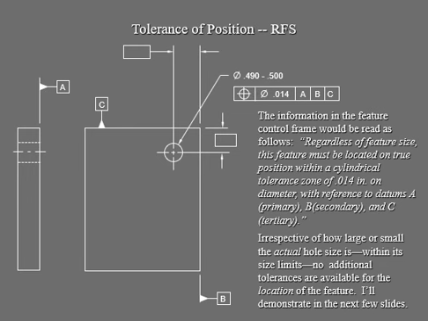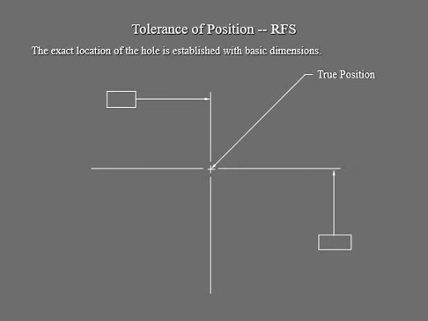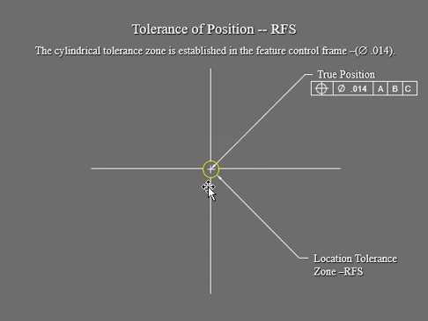Okay, so let's take a look at it. Now we're going to come with the same thing, true position. We're going to identify that width by using two planes. We have a 2 basic dimension here and here. Don't worry about the value. Now we're going to box it with a little yellow circle, which we call the location tolerance zone, which is your RFS, because we're not dealing with any kind of modification on that material.